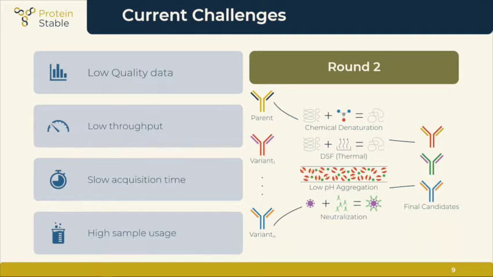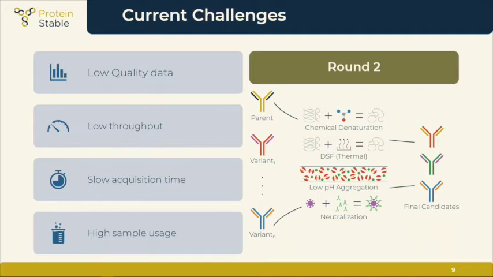It's got a monochromator based system, so you're having to scan through all the wavelengths to generate a full fluorescence spectrum. And that can then have consequences on the throughput capabilities of your measurement. And then finally, there's a challenge with the need for high sample usage, and that might limit the use of chemical denaturation within this type of application.